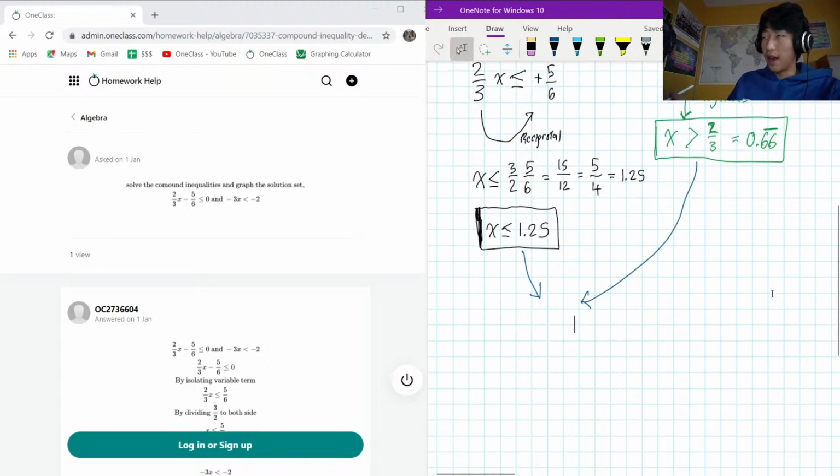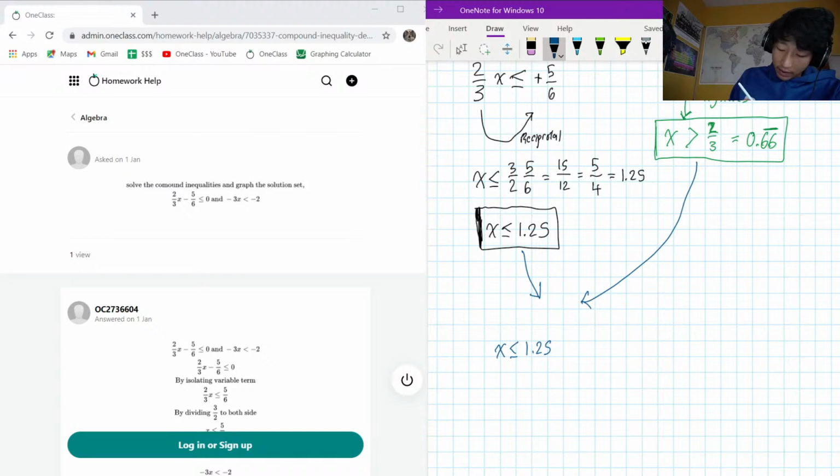So we know that x has to be smaller than or equal to 1.25. 1.25 is bigger than or equal to x, and x has to be bigger than 2/3, which is 0.66. Has to be smaller than x.